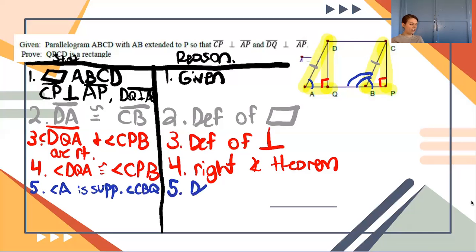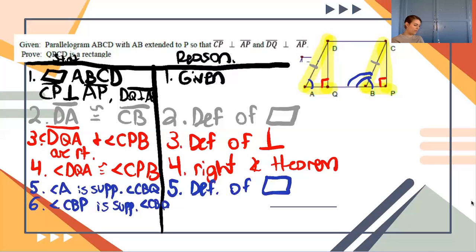That's from the definition of parallelograms. And then I can say that angle CBP is supplementary to that same angle CBQ. And I can do that because they're a linear pair.